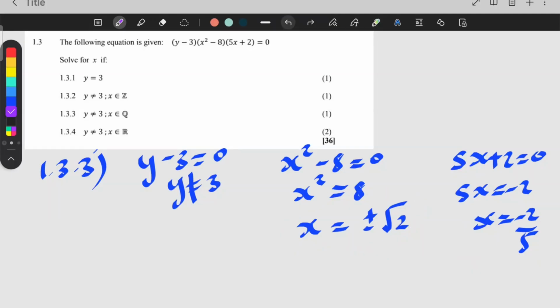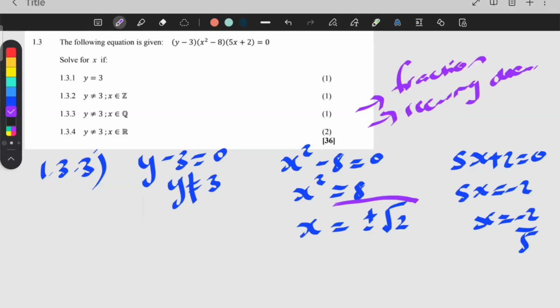That's x. But now we have to look. The number must be a rational number. Now, a rational number is a number that can be written as a fraction, or a recurring decimal. So if you put this on the calculator, that is not a recurring decimal. So that's not an answer.